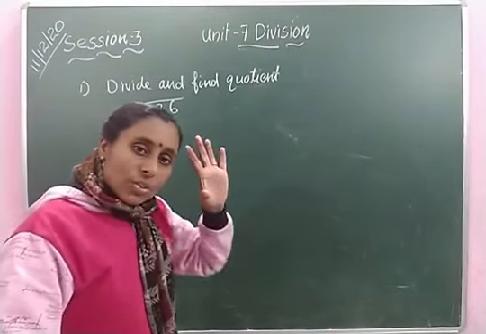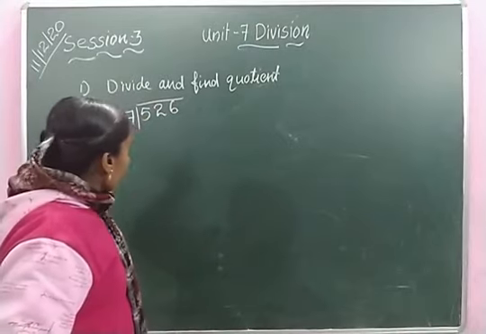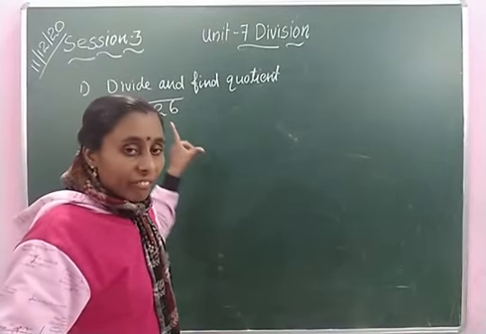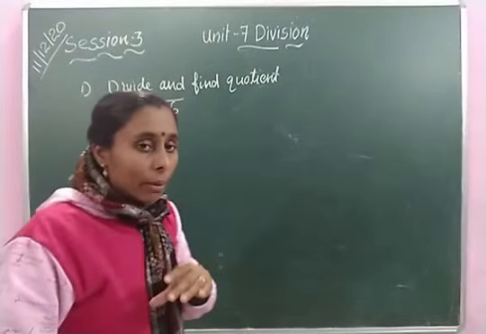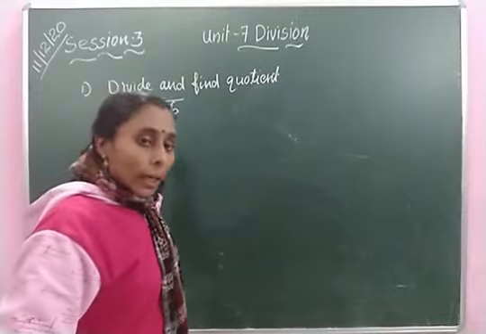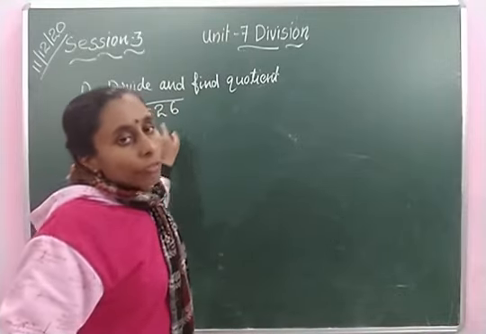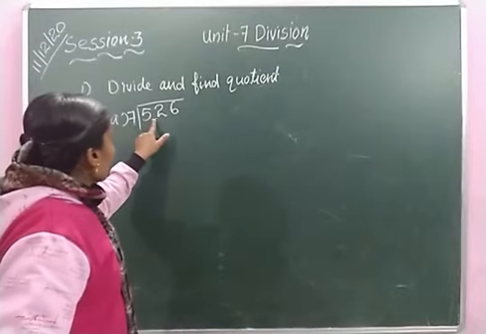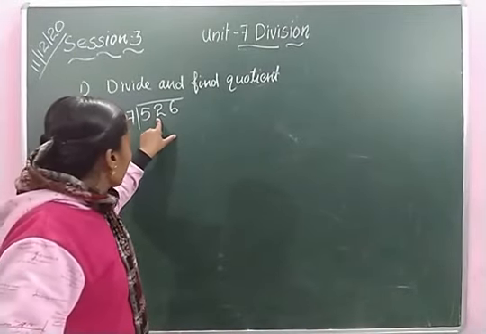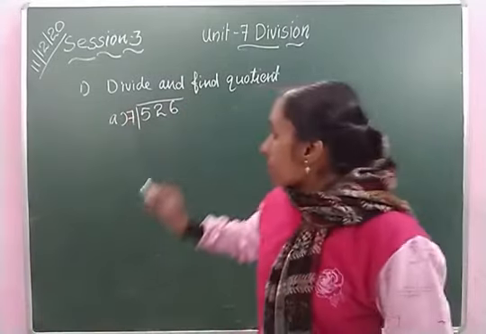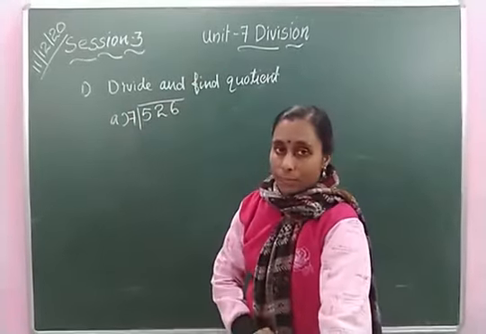So there is no 7 in 5. So we have to take the next one more number. When the first digit is smaller than the divisor, we should select the next one more number. Here 52. How many 7s are in 52?